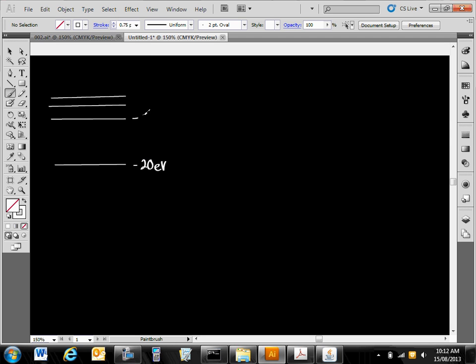This might be minus 15 eV. We call these jumps between energy levels transitions. So this could represent a transition from minus 20 eV, or this energy level here, to this energy level here. That's supposed to be an arrow there.